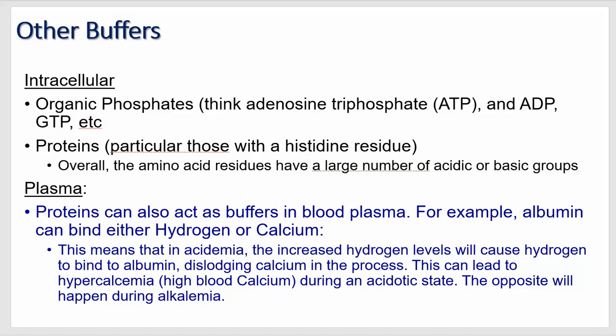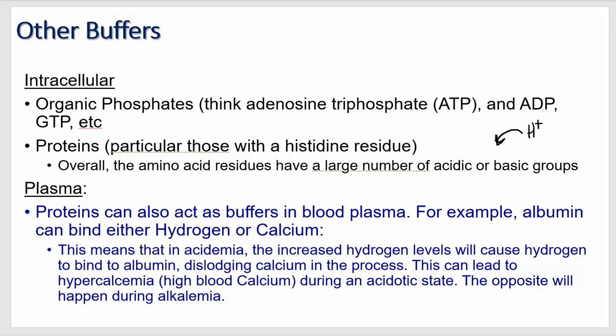So it depends on which amino acids are present. Some are more on the acidic side, some are more on the basic side. I don't remember them all now, but for the most part, most proteins will accept hydrogens. So they're more hydrogen acceptors than donors. Okay, so that's intracellular. So it's where we see the organic phosphates and proteins.